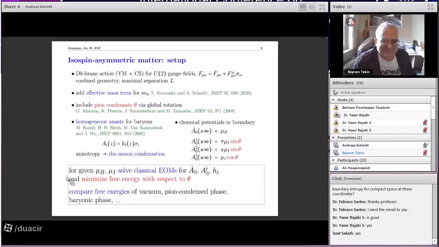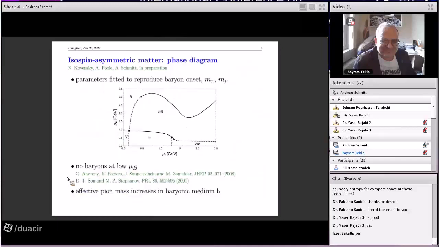We fix the baryon and isospin chemical potentials. That's all at zero temperature. We solve the classical equations of motion for our gauge fields and minimize the free energy with respect to all of the parameters that are left, some of the boundary conditions, including the pion condensate. And then we compare the free energies by inserting the solutions back into our action and construct a phase diagram.